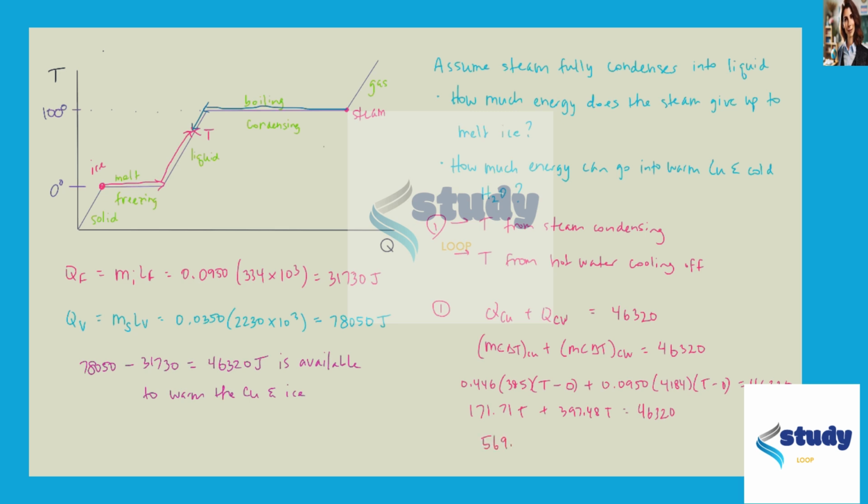So 569.19 T equals 46,320. And I get a temperature that the copper and melted ice reach just from the steam condensing of 81.38 degrees Celsius.